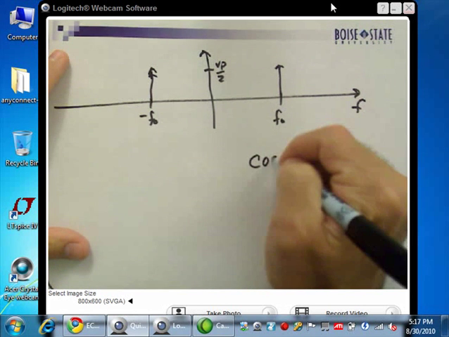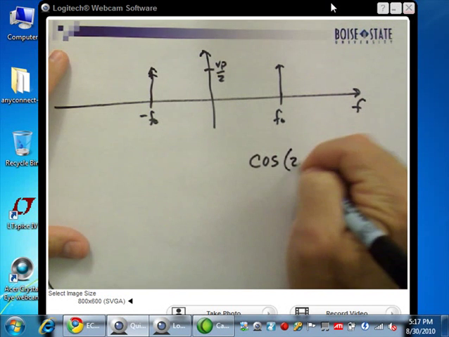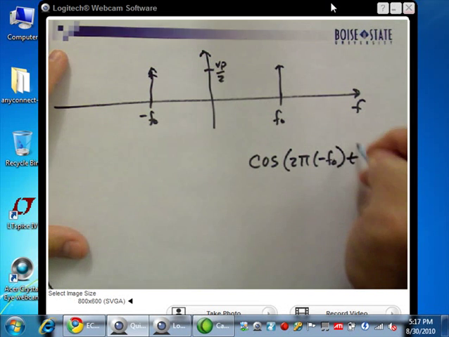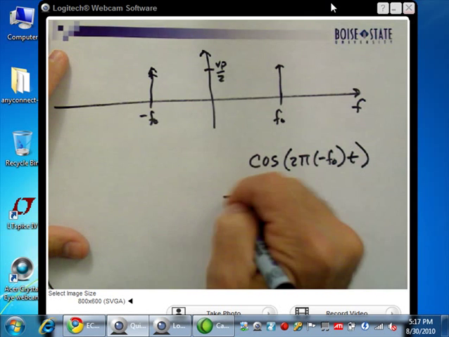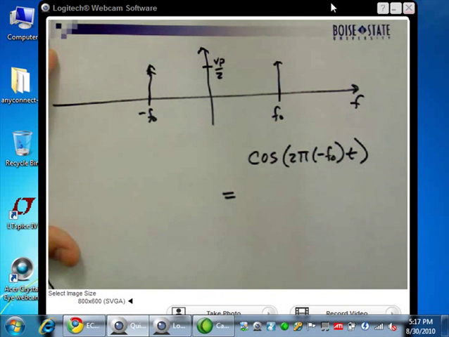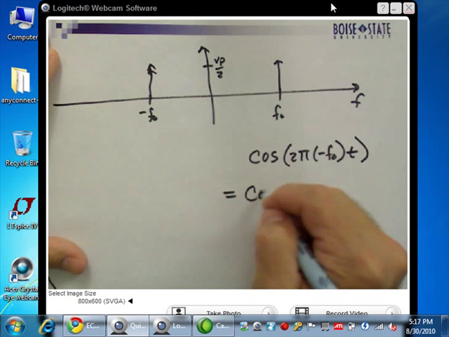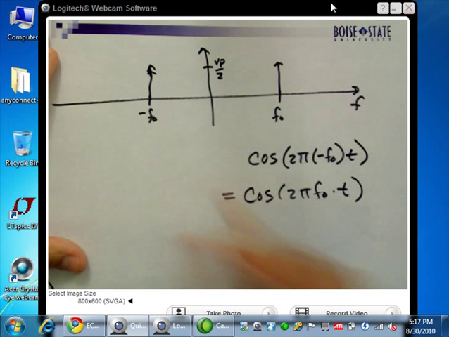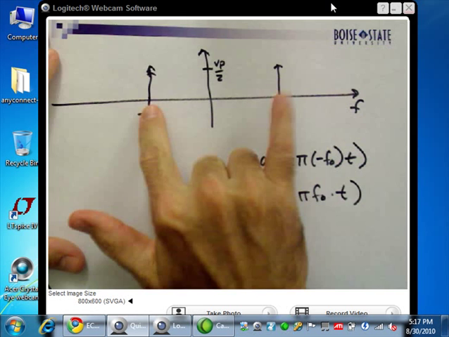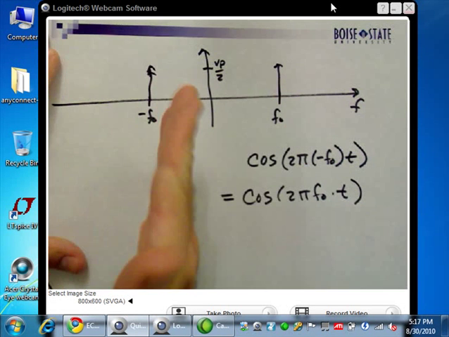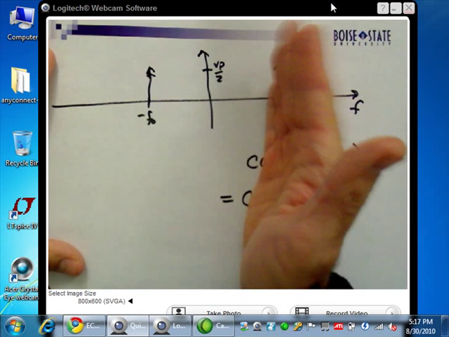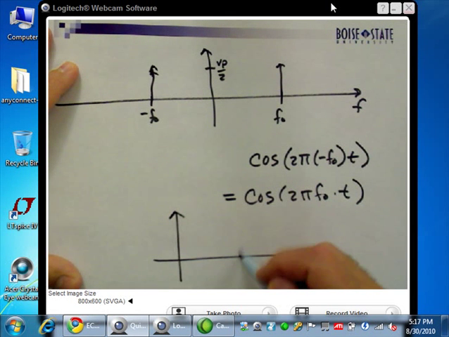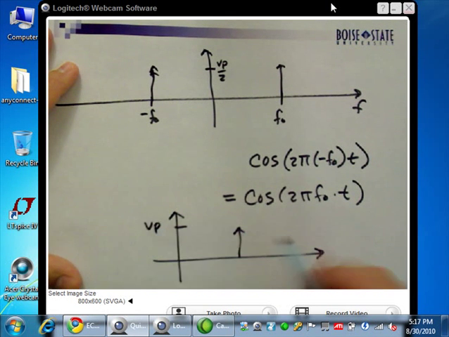What does a negative frequency correspond to? If I have cosine of 2 pi times minus F0 t, what is that equal to? Cosine of 2 pi F0 t. So would it be okay if instead of drawing the double-sided spectrum, I were to just take this side and fold it over and draw one spectrum that had a single Vp and an F0?